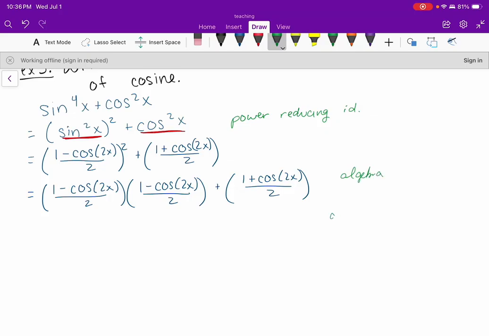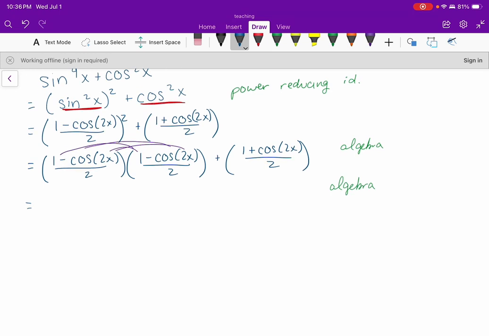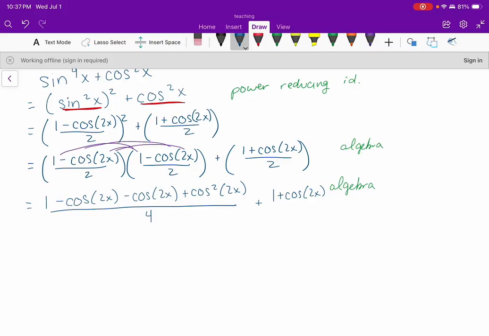I'm doing some algebra here. If I want to expand these, I'm going to have to FOIL the top, and the bottom will just multiply 2 times 2. So I get 1 minus cosine 2x minus cosine 2x plus cosine squared 2x, all divided by 4, plus 1 plus cosine 2x over 2.